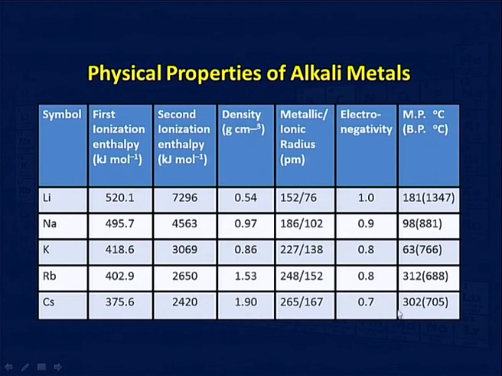But as I told you earlier also, these trends may not be always true, but mostly it will follow this pattern, that is, as we go down the group the intermetallic bond, that is the metallic bonding, will become weaker and weaker, and therefore the melting and boiling point should decrease as we go from lithium to cesium. Now you can see that we are just telling you about characteristic trends which we have already told you and the reason behind it.